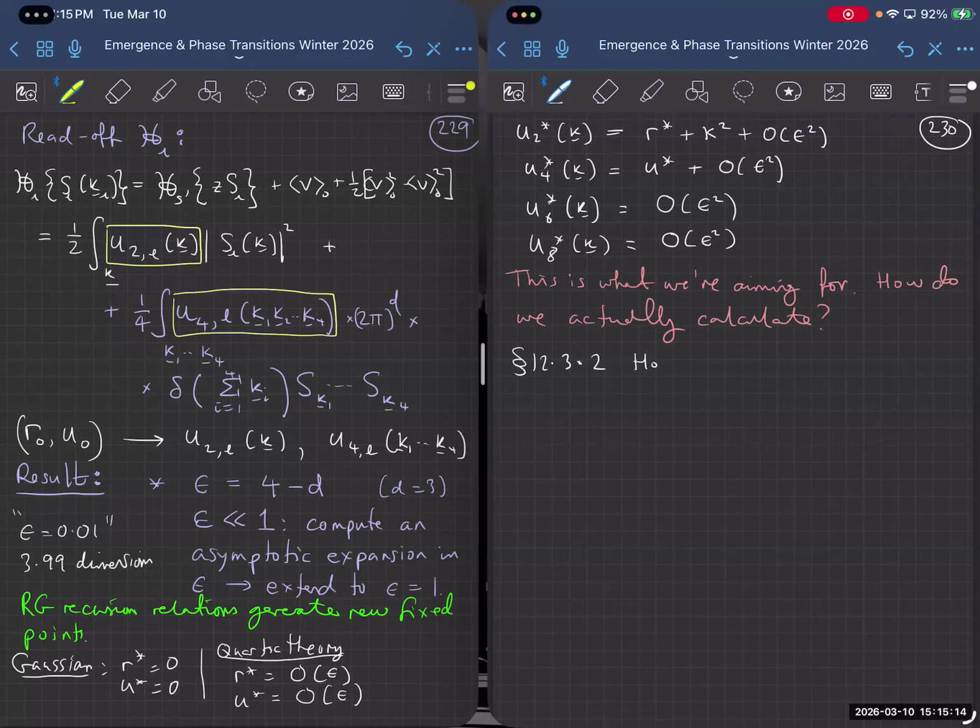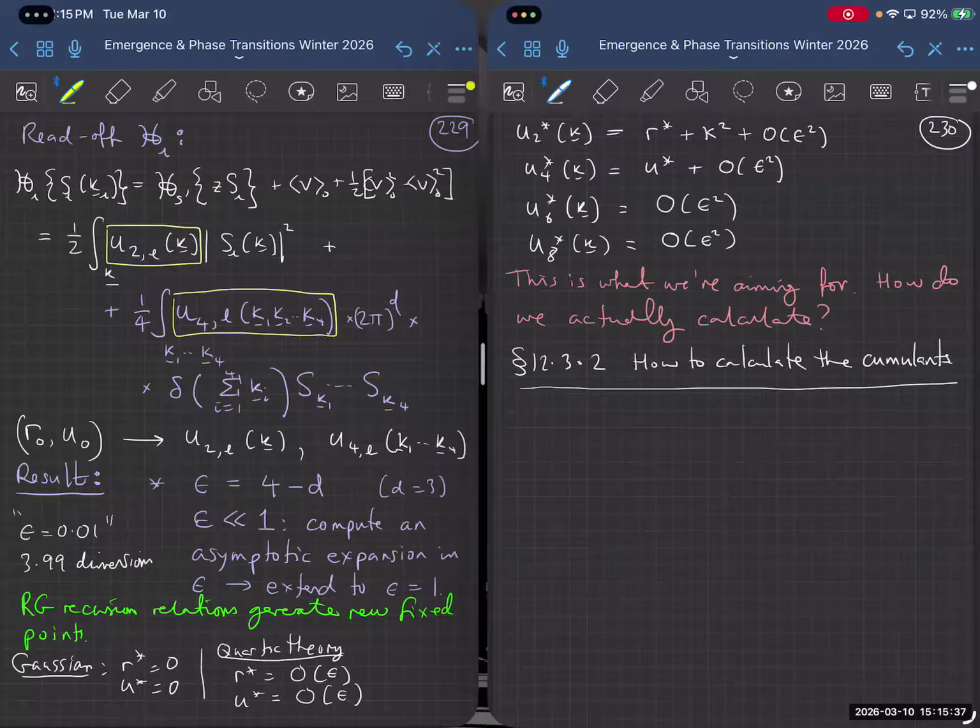So how to calculate the cumulants, the expectation values of V, V squared, and so on. That's where it's all complicated. I'm going to sketch it out to you, and you're not going to follow it in real time, but you will get the general idea of what we're doing, and that's all I want you to get from this, at least for this first pass through.